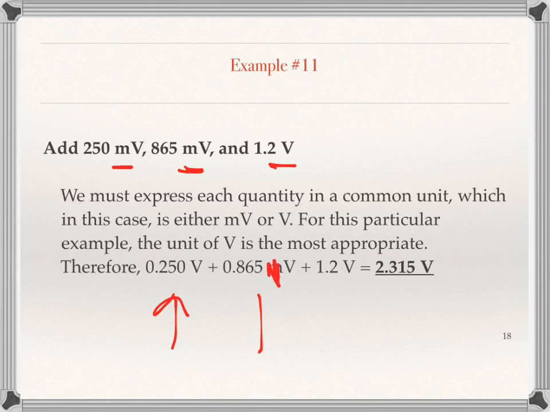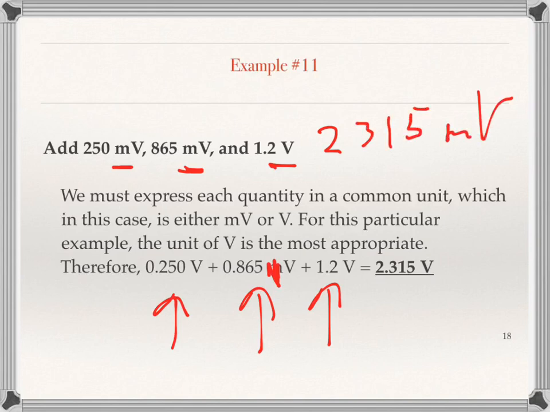Sorry, that's a typo. And the 1.2. So anyway, we convert them all to volts. Would be 2.315. If we were to express that in millivolts, that would be 2,315 millivolts, which nobody would express it like that. This is clearly the best choice.